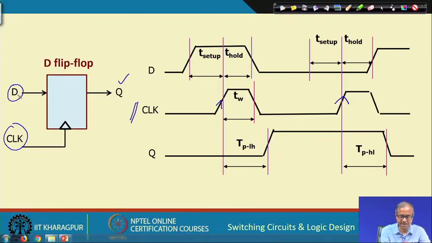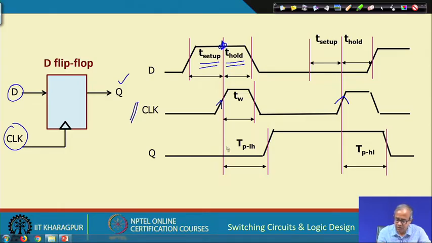Now, suppose in my D input I am applying some signal like this. When this clock edge comes, the value of D is 1, at this point. So, T setup is the minimum duration before this edge that I must apply this D equal to 1 and leave it like that. Similarly, after the clock edge comes, for this hold time T hold, I must maintain D for this much time again.